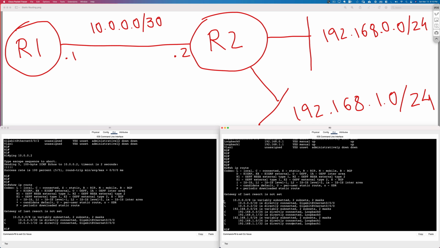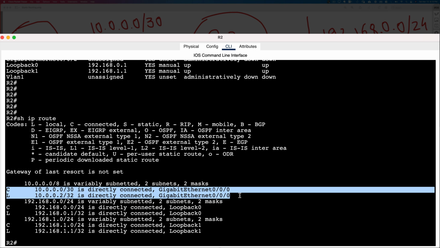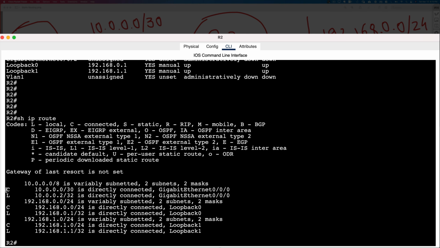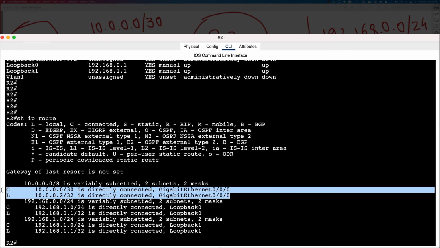Once again, for every interface, I'm going to see 2 different entries. One is the host specific entry, and that has a flag of L next to it. And then I'll see another entry, which is the C entry, the connected route. That is the network that I specified when I was configuring my interface.